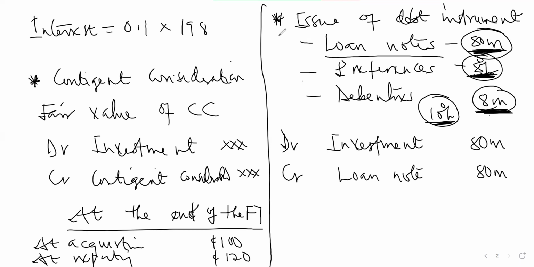But if you are giving only the nominal interest rate, which is 8%, then you have the loan note of 80 million. Then you also come and capitalize transaction costs, which will be shown as an asset of 8 million. So the loan note will last for 4 years, then you amortize this over 4 years. That is if you are not giving the effective interest rate.